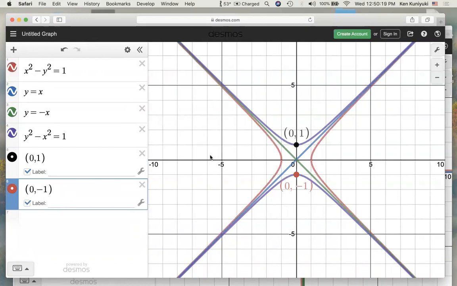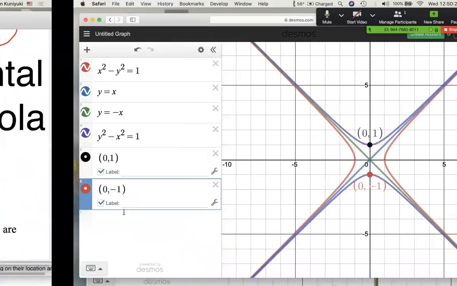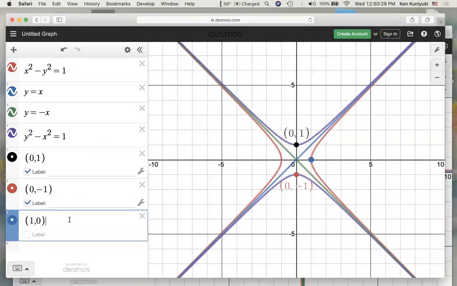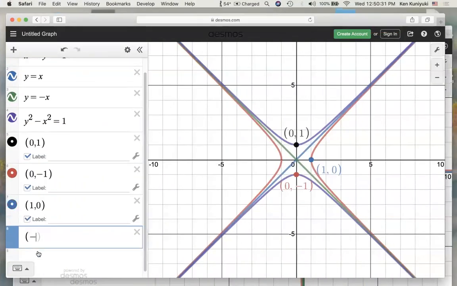Putting them all together, both this horizontal hyperbola and the vertical hyperbola have the same asymptotes. It's a very nice picture here. If you want to put in all the vertices, (1, 0) and (negative 1, 0). Big happy family: these two hyperbolas, the common asymptotes, and the intercepts or vertices.